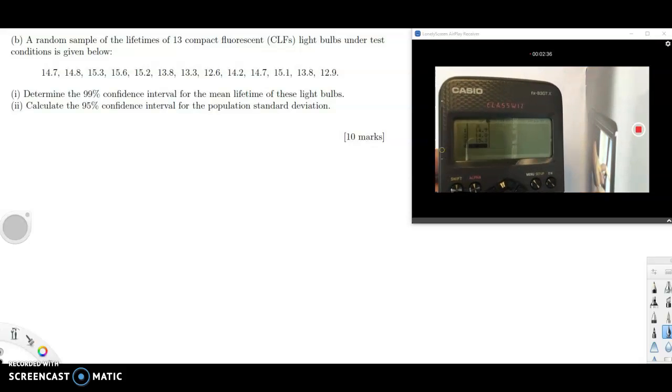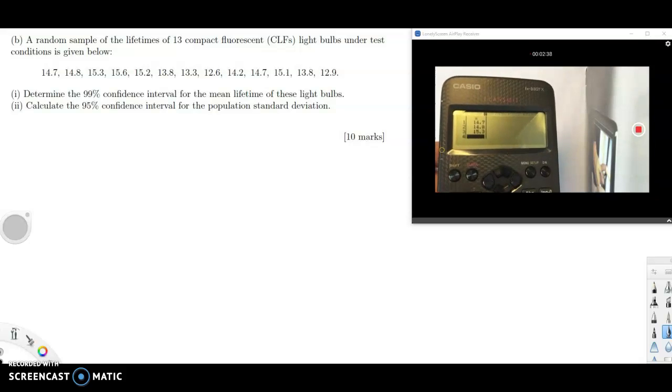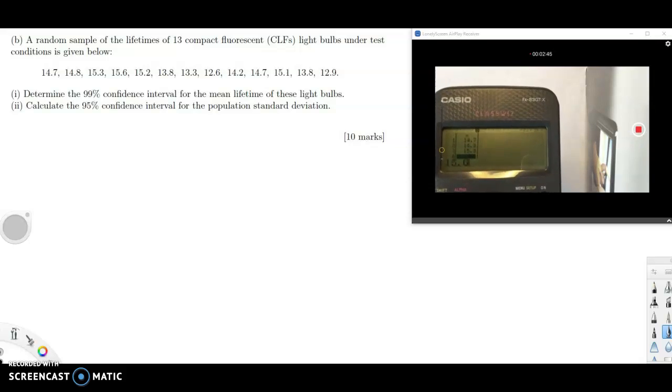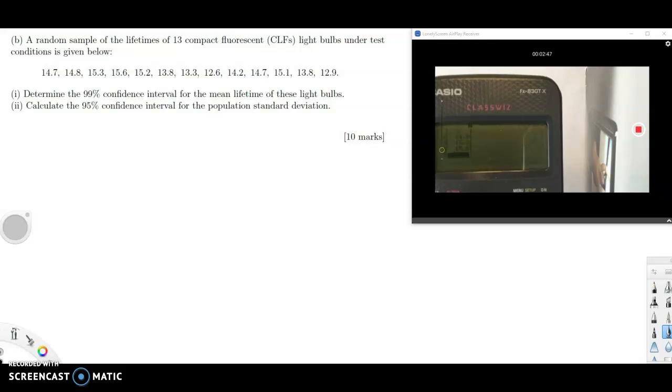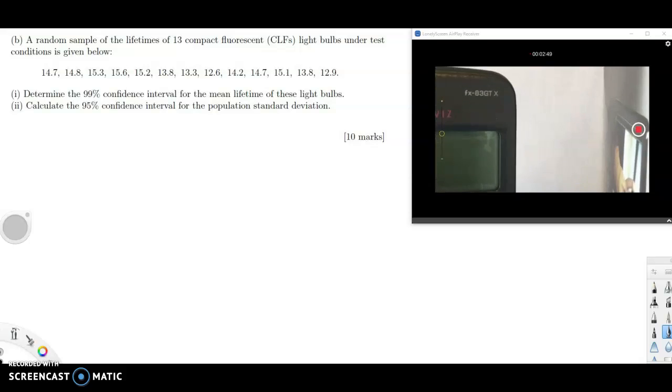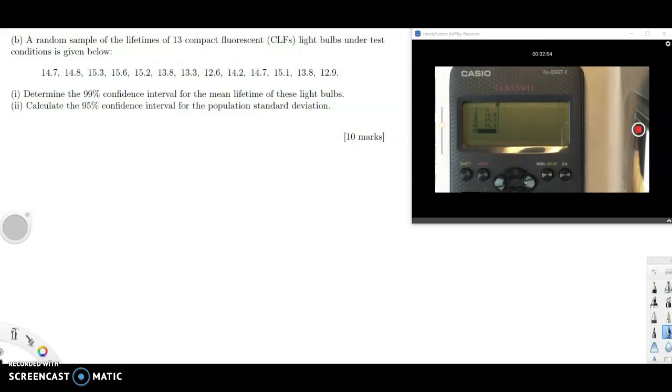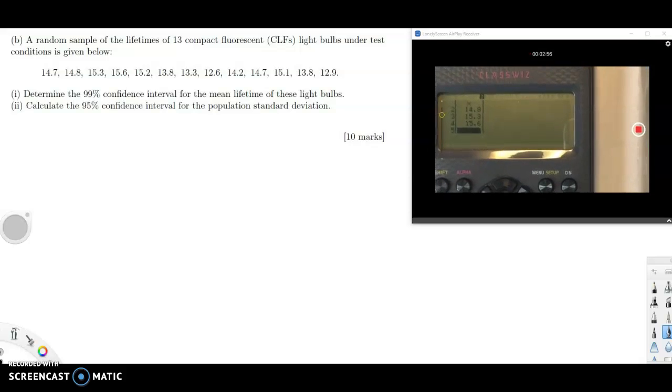That's 15.3. 15.6, press equals, and so on. I'll zoom in a bit more there. Right, now the data point 5 is 15.2. Now that's gone in. Next up is 13.8. That's gone in.